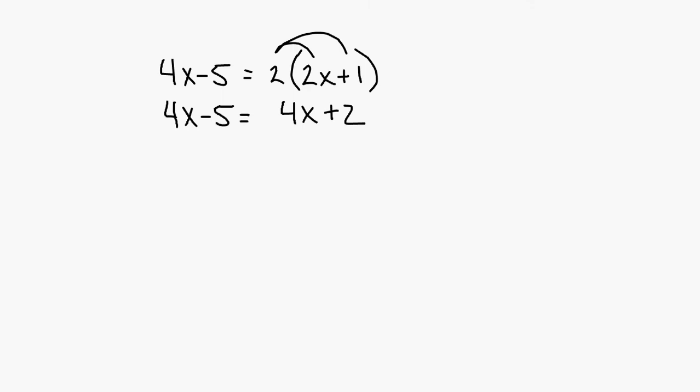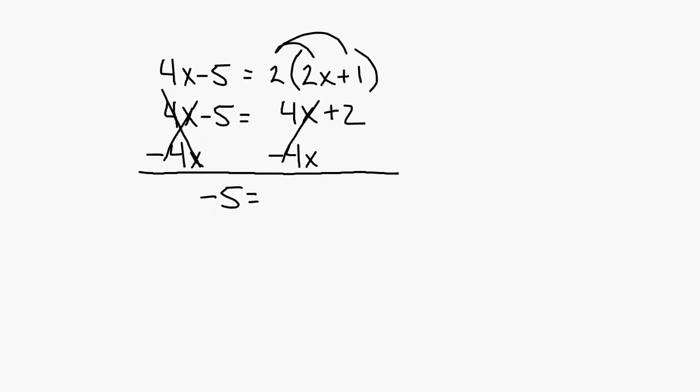On the left-hand side, you've got 4x minus 5 is equal to 4x plus 2. If you just follow your steps and subtract 4x from each side, some of you can see what's going to happen. The 4x's will cancel. Negative 5 is equal to 2, and that's never true. So in this case, there is no solution.